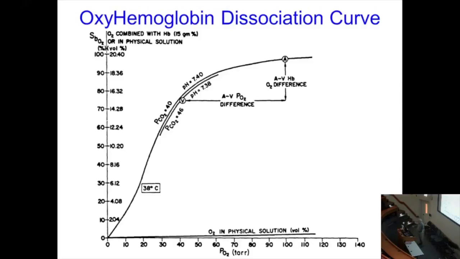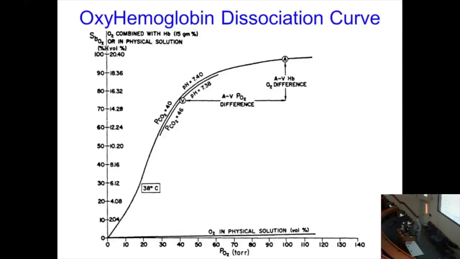Okay, and for some reason, this is a unit that people have used for a long time, and it seems pretty arbitrary, but this is what it is, and so this is an absolute amount of oxygen. So this is 20.4 milliliters of oxygen in 1 deciliter of blood, and that's at the point of 100% saturation.